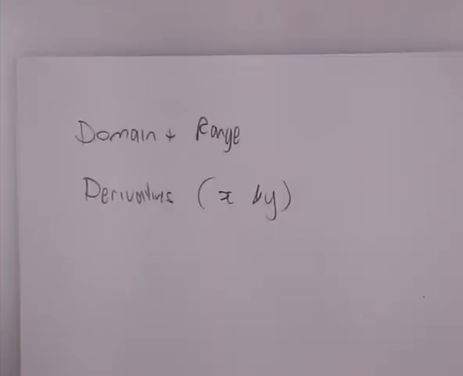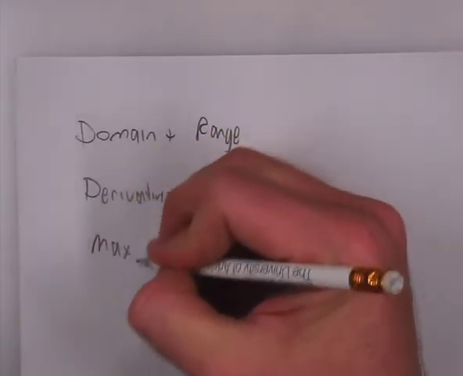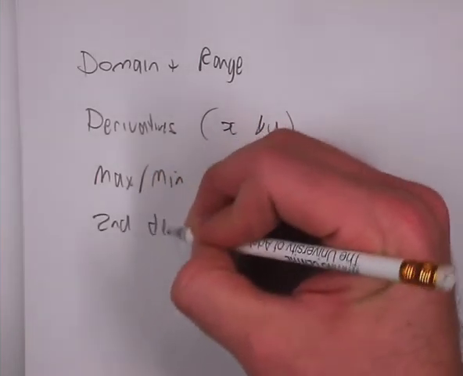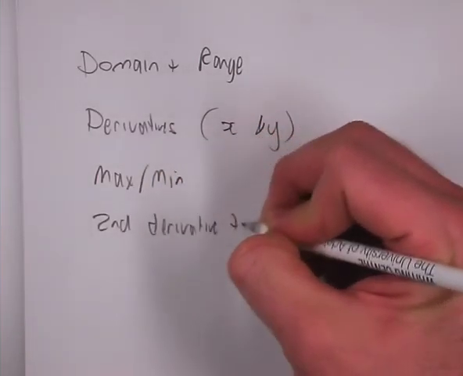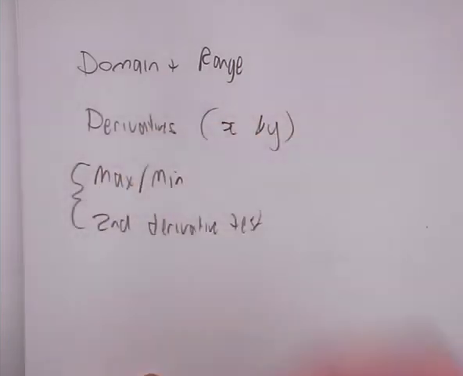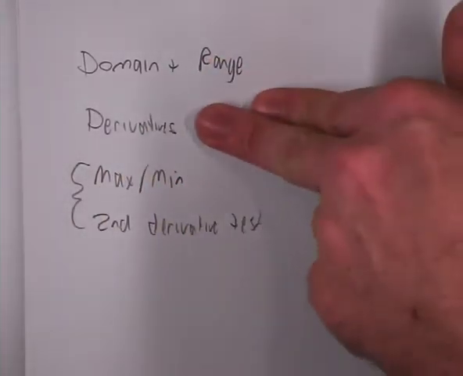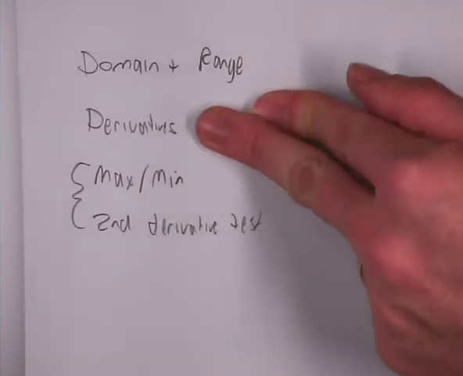We've figured out how to find maximums and minimums, and we've got a second derivative sort of test. And those things go together. These are all things that we used to be able to do with ordinary functions.